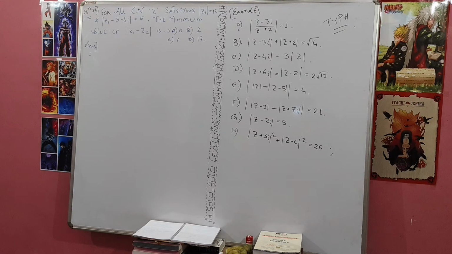Here z1 and z2 are themselves moving points, two different moving points.